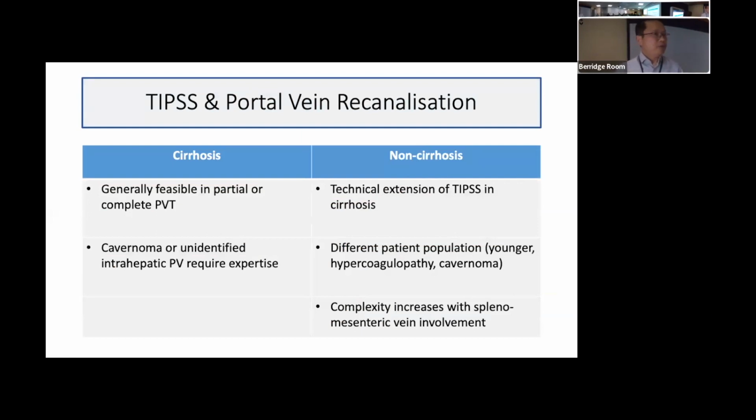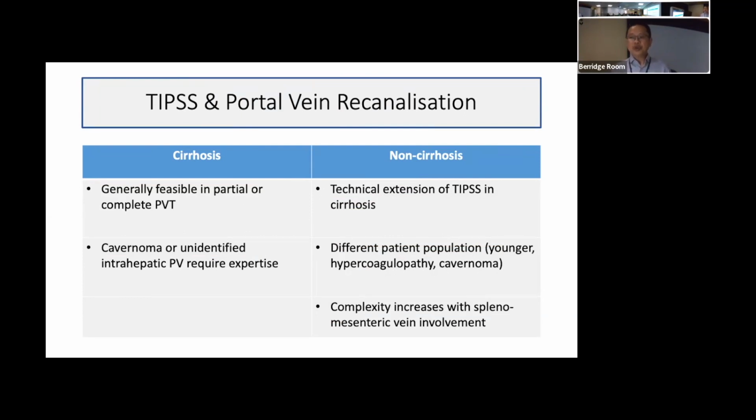I'm going to move on now to the focus of my talk, which is on TIPS and portal vein recanalization. TIPS is not quite an easy procedure in itself, but when we apply it to a patient with portal vein thrombosis, the complexity increases, particularly if they have associated other thrombosis episodes.